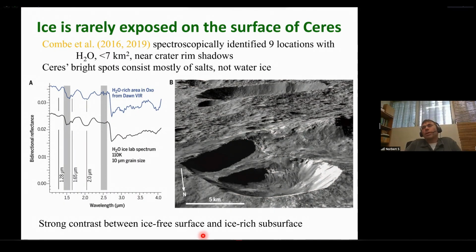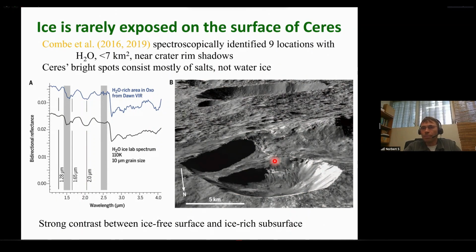There was a search for ice on the surface of Ceres, and almost none was found. The famous bright spots in Ceres, some of which have even been seen from Earth, turned out to be mostly salt. Eventually some ice was found.